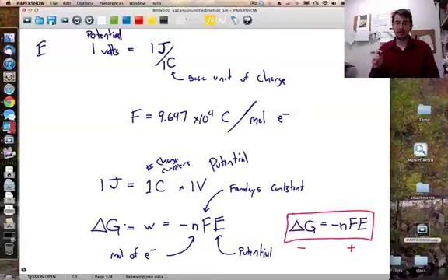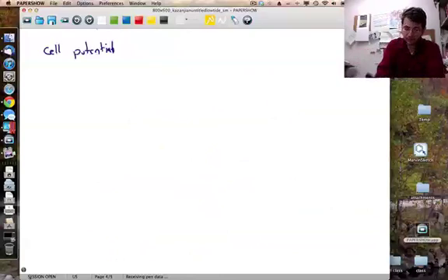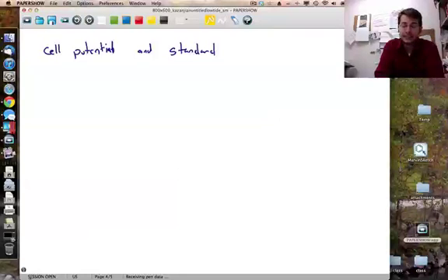And this is where we bring in the concept of cell potential and standard reduction potentials.